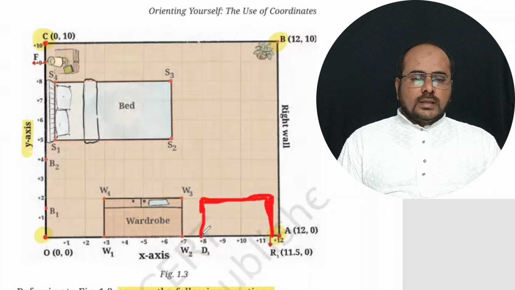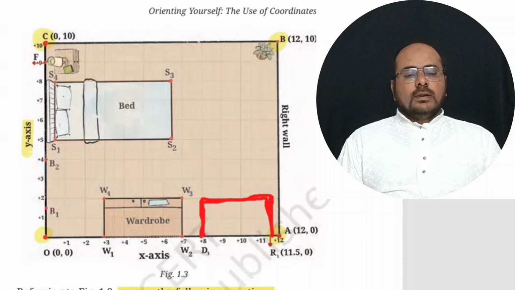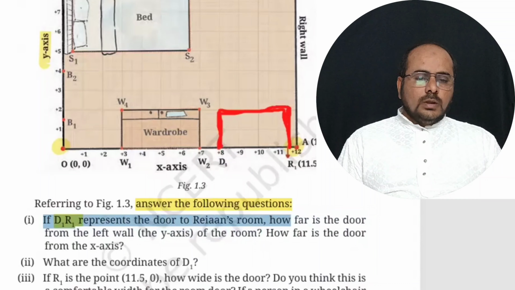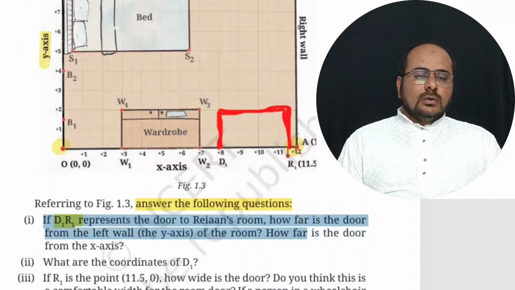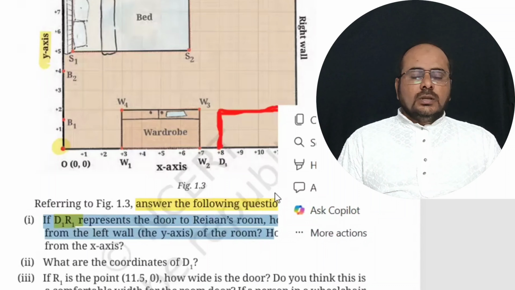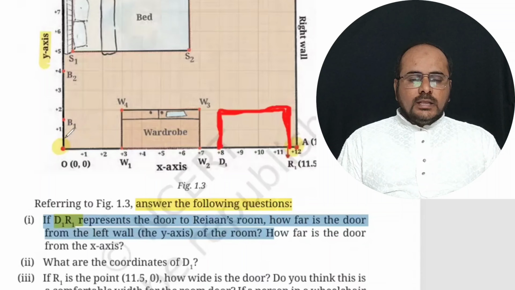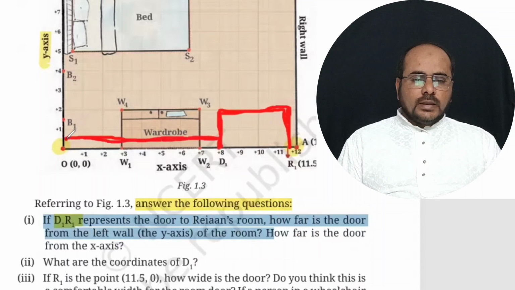So you can take this one as the door, D1 and R1. Here what is the question? If D1 R1 represents the door to Rian's room, how far is the door from the left wall of the room? So this is the question. Now you can see here, how far is the distance from the left wall to the door? This distance we need to find, my dear.